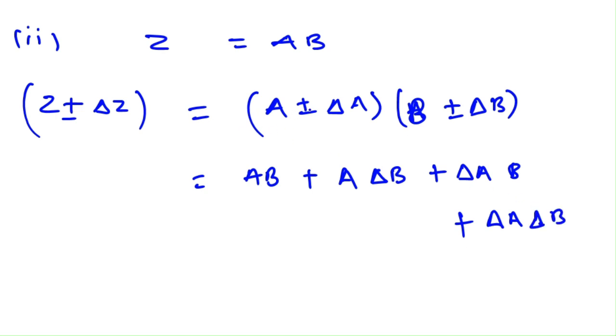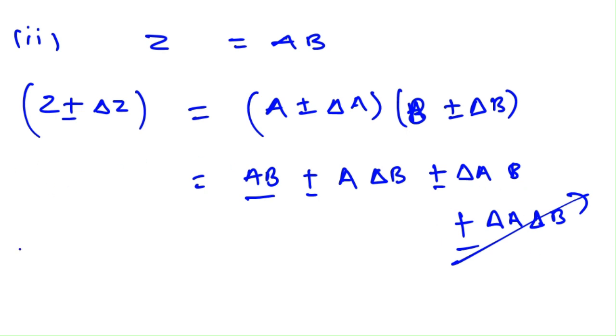Now you can think, okay, here is a plus minus sign, so here it should be written, and of course here also we can write plus minus. But this last term we can ignore, because delta A and delta B are already very small quantities compared to A and B. So we can neglect this quantity, because it will be practically negligible.